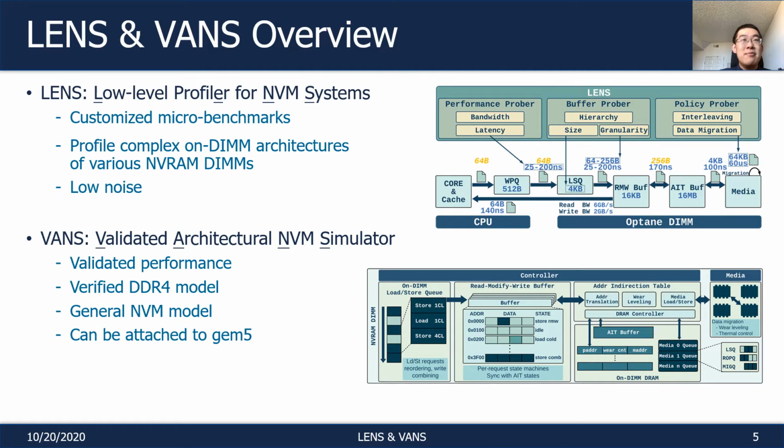VANS performance is validated with Optane DIMM. It has a verified DDR4 model for on-DIMM buffers and can be integrated into gem5 for full system simulation. VANS provides a general non-volatile memory model that can be reconfigured to simulate other non-volatile memory products. LENS and VANS are open sourced on GitHub.